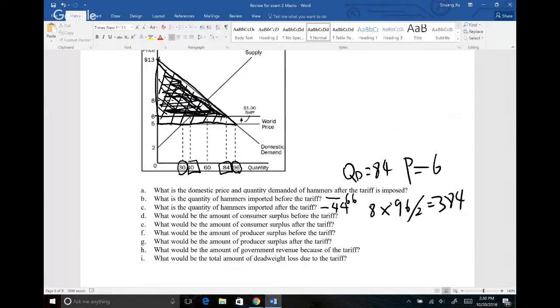So for the new consumer surplus, the vertical distance is going to be 7 times 84 divided by 2. So 7 times 84 divided by 2, I have 294. All right, everybody got it?